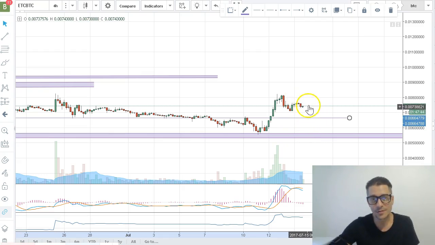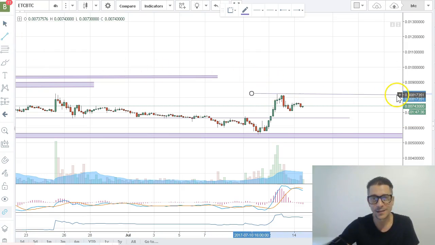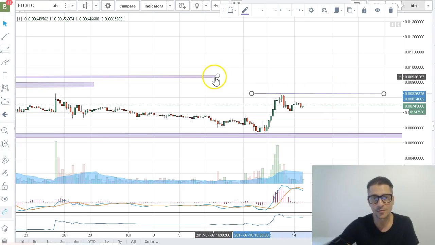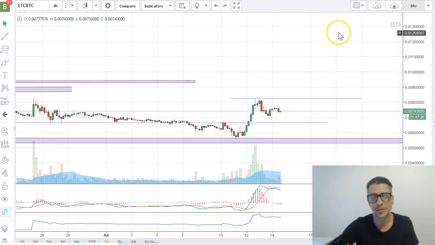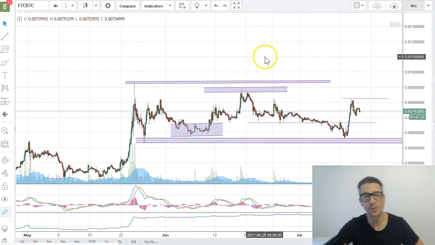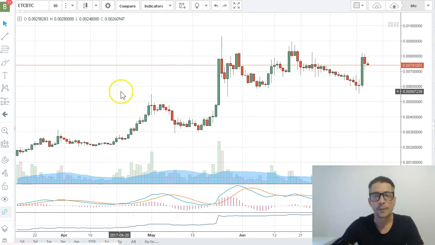So if the price is rallying, it will be coming to test this support level, and it will be testing this resistance level. If it breaks this resistance level, it will definitely go to the next one, and then we will probably be seeing it shooting up and doing some new all-time highs.